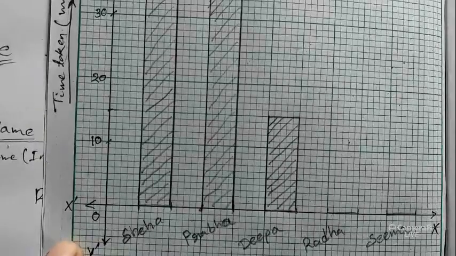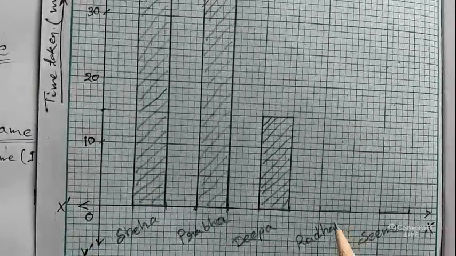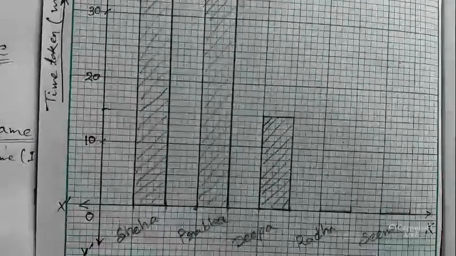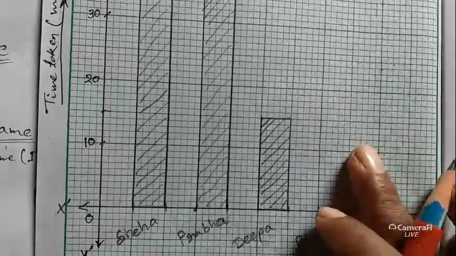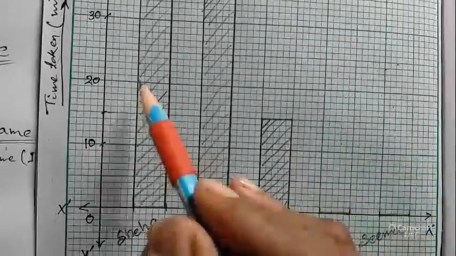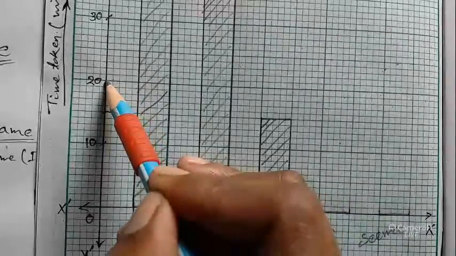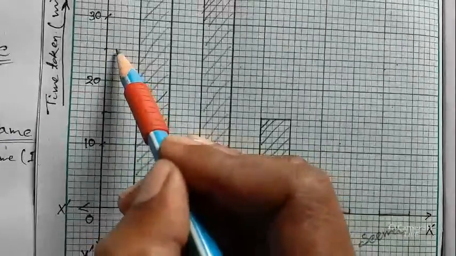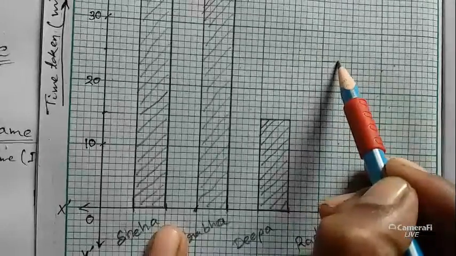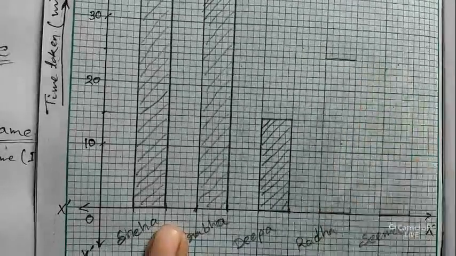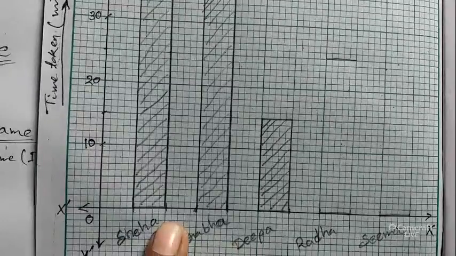Next student is Radha. This is the breadth. What will be the length? Radha takes 25 minutes. Choose the 25. Where is it? This is 20, this is 25. So along this line, from here to here, this will be the height.